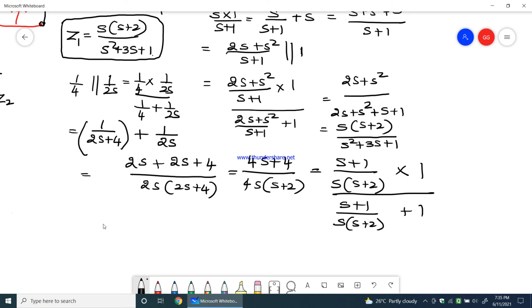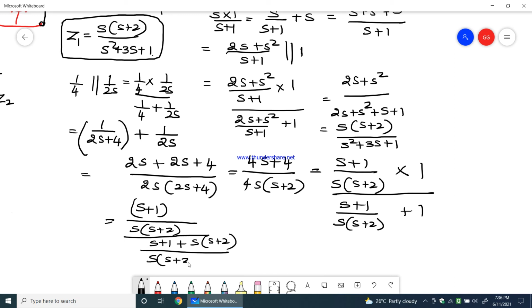So finally what will I get? s plus 1 divided by, s into s plus 2 whole thing, divided by s plus 1 plus s into s plus 2 divided by s into s plus 2. So s into s plus 2 gets cancelled.